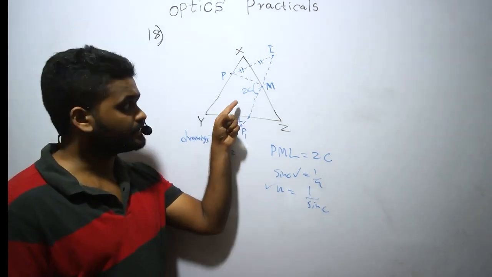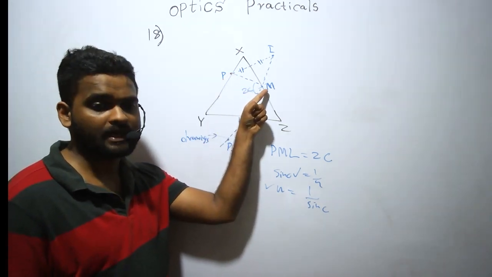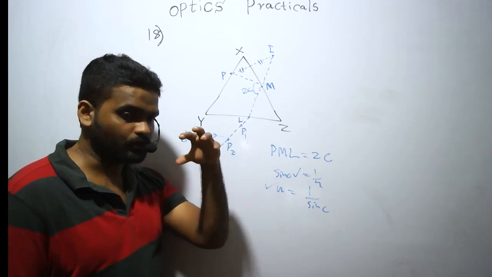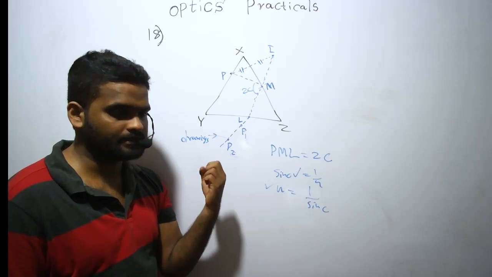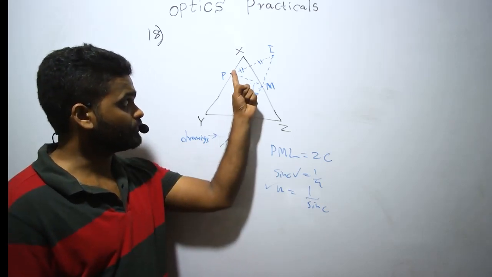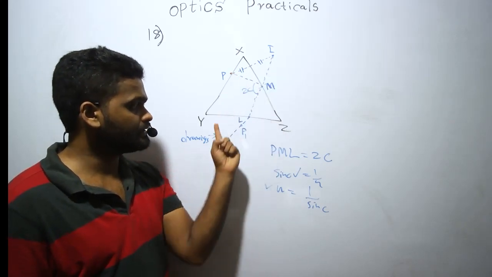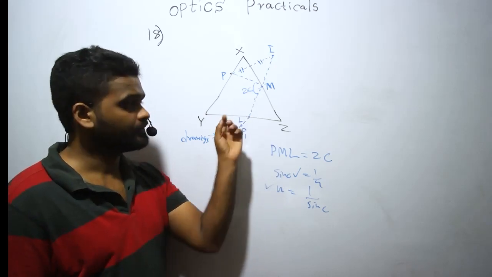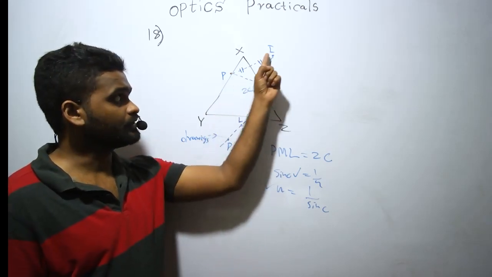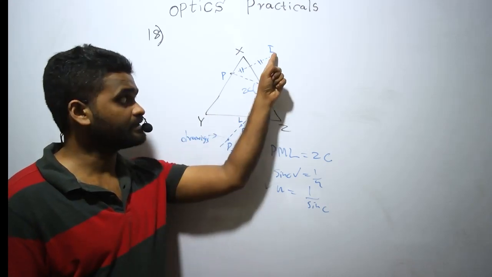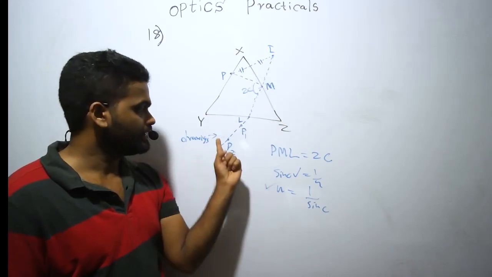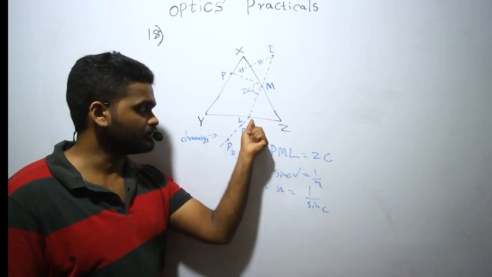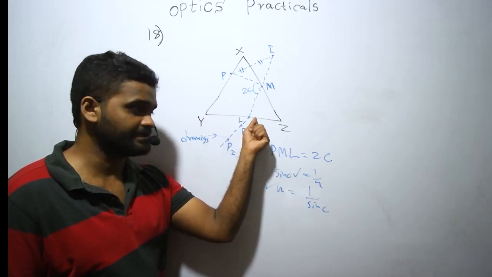Clearly understand, you cannot draw the PM line first, right? There's an order to draw these lines, understand? First, you can draw either PI or P1, P2 first and find capital L, right? You draw this line first and find this point I. Then you extend this line till you get to the intersection of XZ.